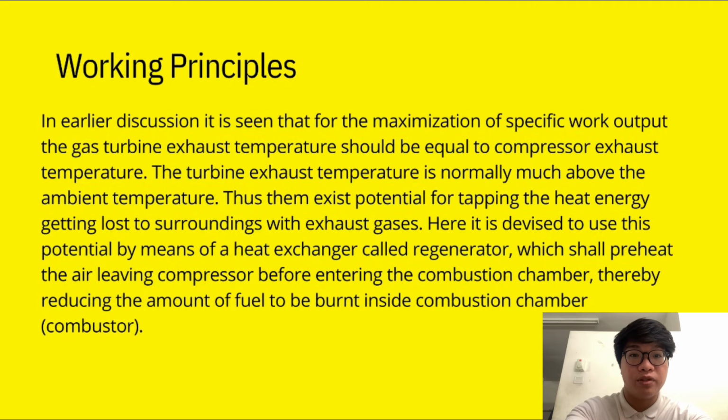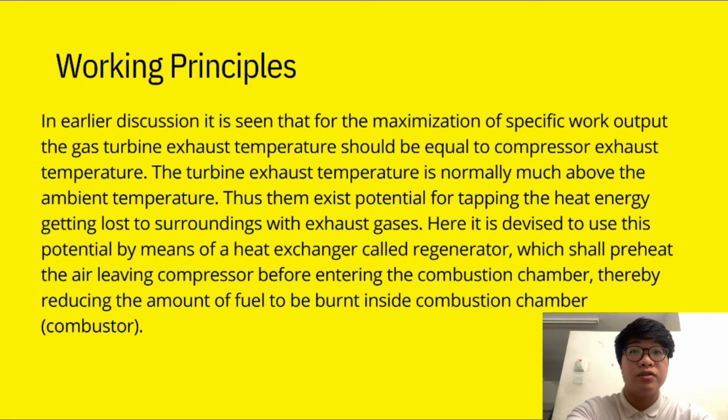This is the working principle for the regeneration gas turbine cycle. In the earlier discussion, it is seen that for the maximization of specific work output, the gas turbine exhaust temperature should be equal to the compressor exhaust temperature. The turbine exhaust temperature is normally much above the ambient temperature, thus there exists potential for tapping heat energy getting lost to the surroundings with exhaust gases.